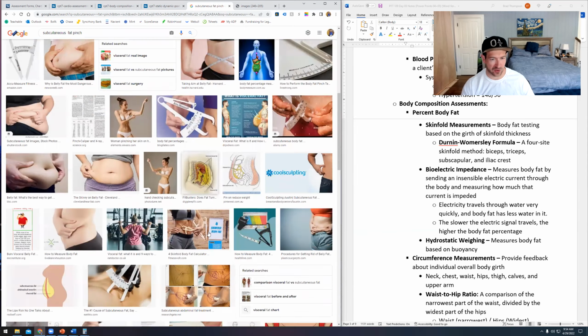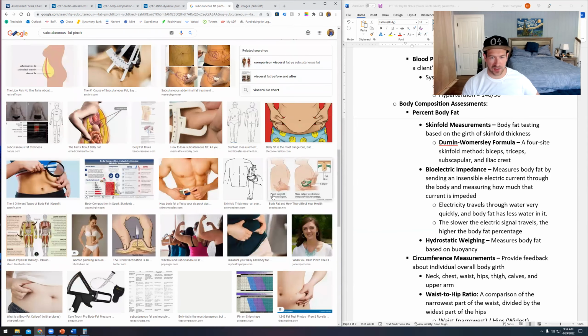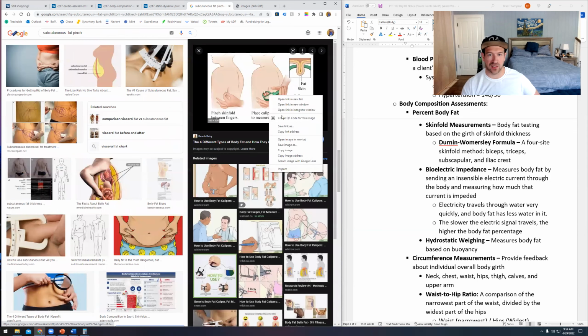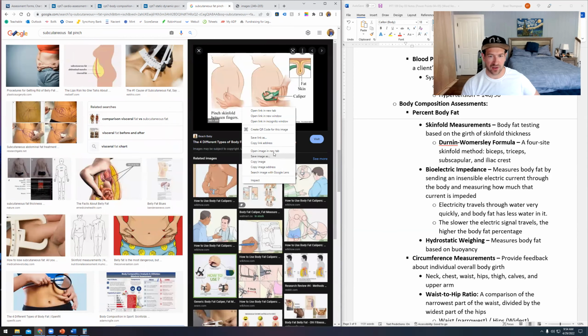I can't believe I can't find the photo I need. I could spend all day Googling. Oh, that's really close. There it is, actually. Never mind, I found it right at the end.